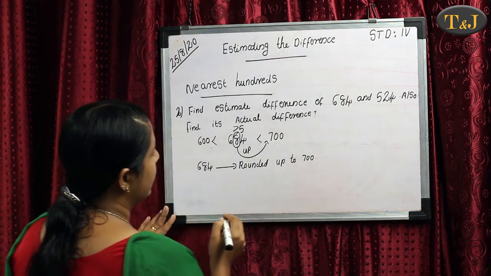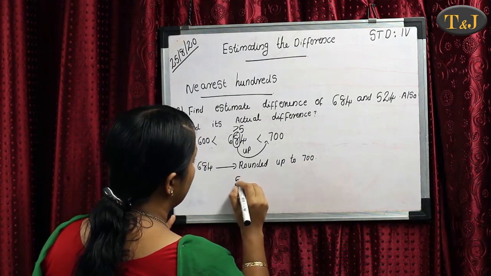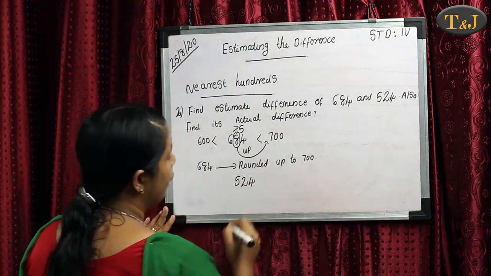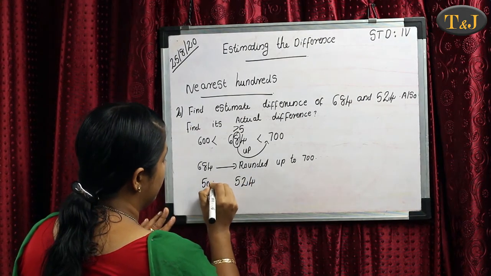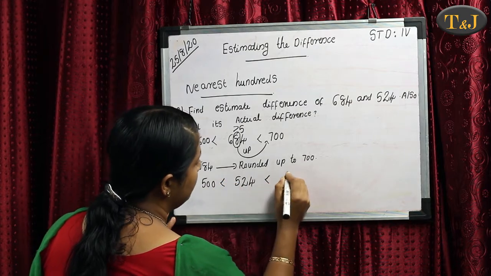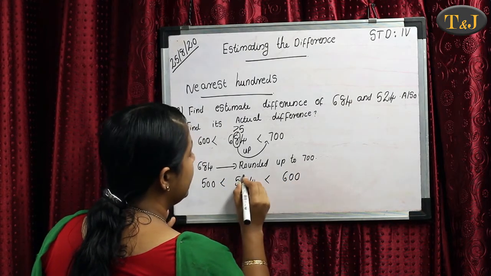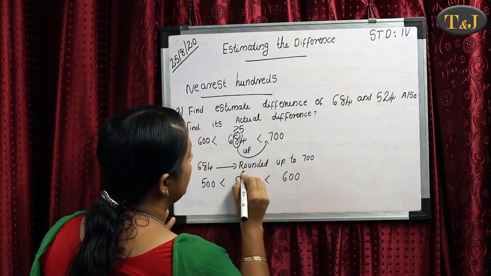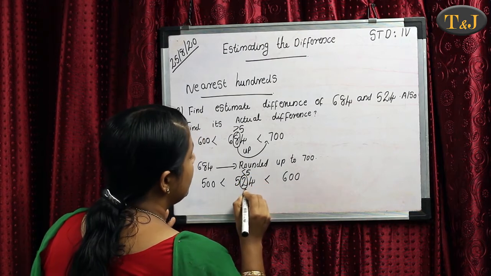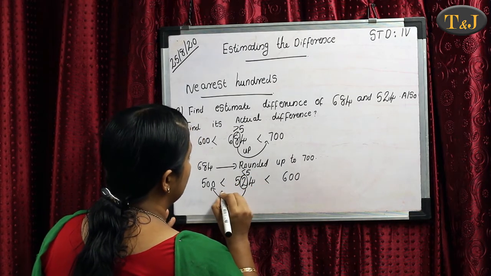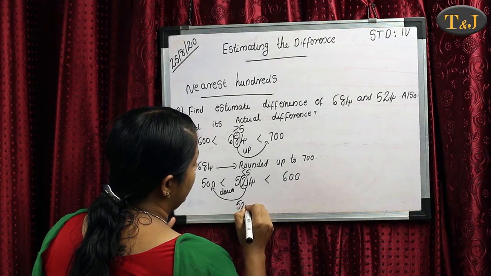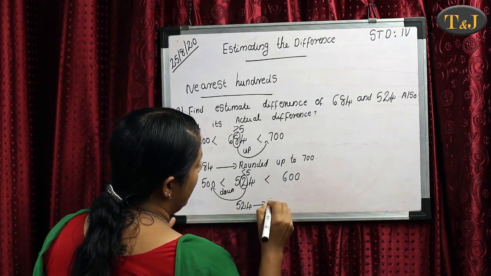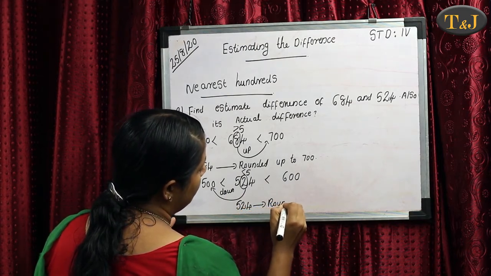Next we take the value 524. So 524 lies between the numbers? Yes, 500 and 600. Again considering the tens place value, it is 2, so it is less than 5. So it is rounded down to 500.